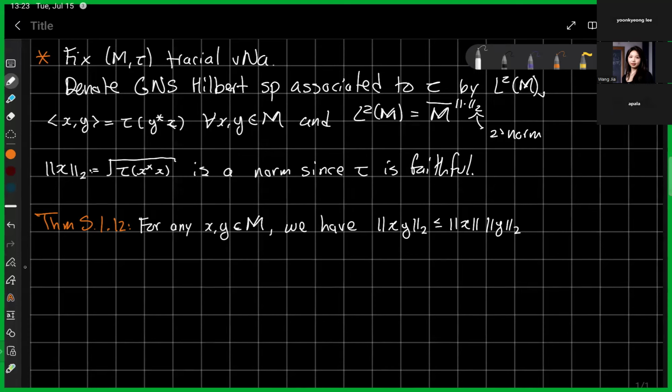In particular, this means that the 2-norm is less than or equal to the operator norm.